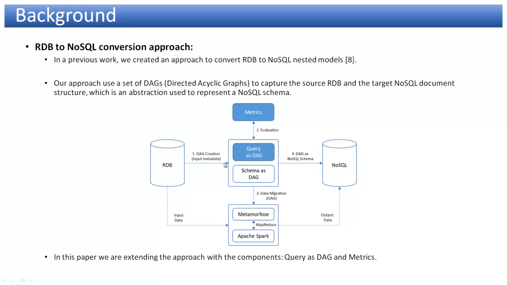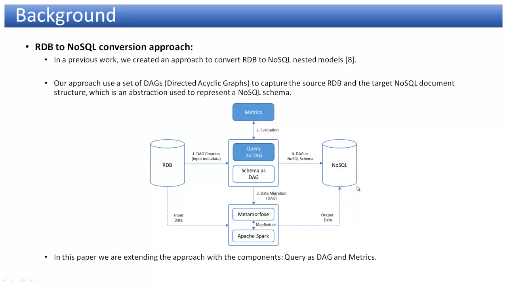In step 1 here, the user creates a set of DAGs to specify the conversion from RDB entities to NoSQL entities. And in step 3, data migration, the set of DAGs is sent to Metamorphose, our data transformation framework, that translates each DAG into commands to read data from the RDB, transform them, and persist in NoSQL format.